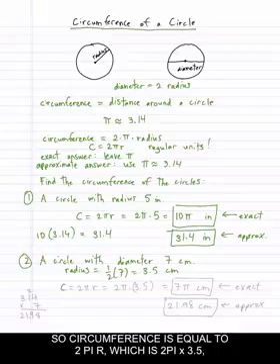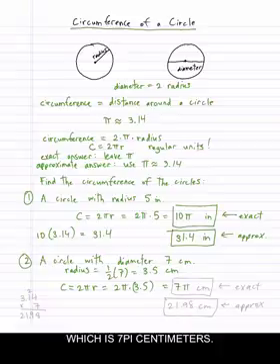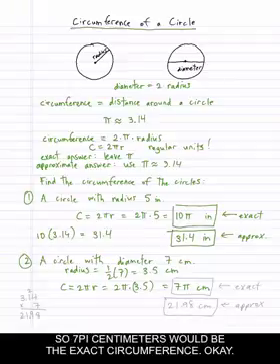So, circumference is equal to 2 pi r, which is 2 pi times 3.5, which is 7 pi centimeters. So 7 pi centimeters would be the exact circumference.